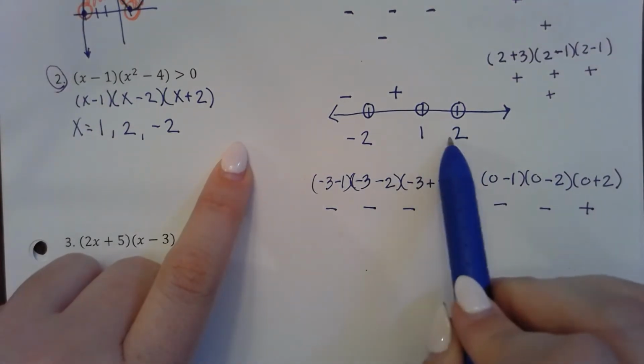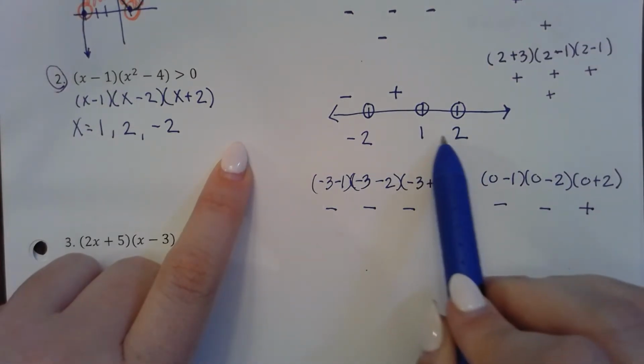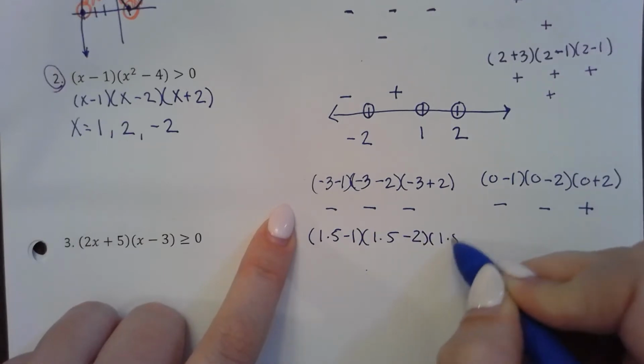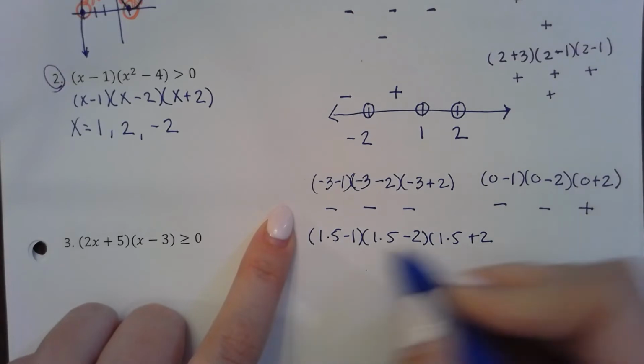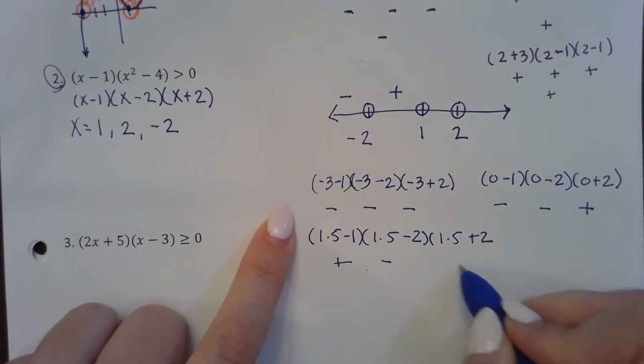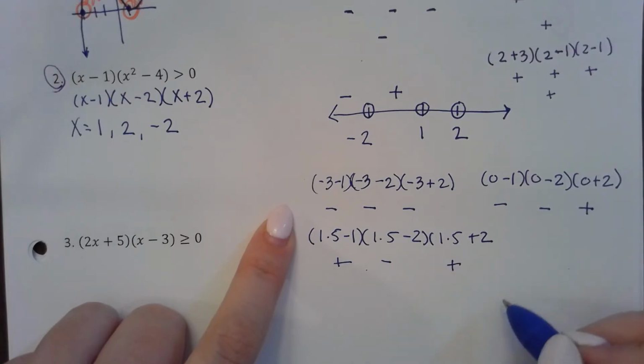Okay, between here, we could do 1.5. So 1.5 minus 1, 1.5 minus 2, 1.5 plus 2: positive, negative, positive, so that will give us a negative.